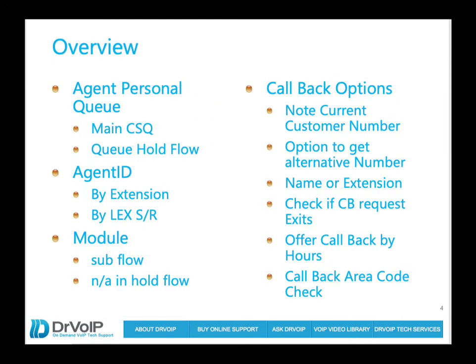So let's take an overview snapshot here. We're going to look at a personal queue. And it's important for everybody to understand that when a phone call comes into an Amazon Connect call center, there's actually two contact flows launched.